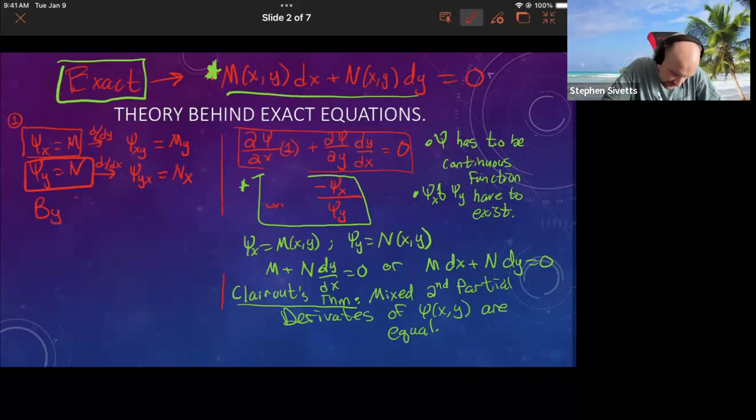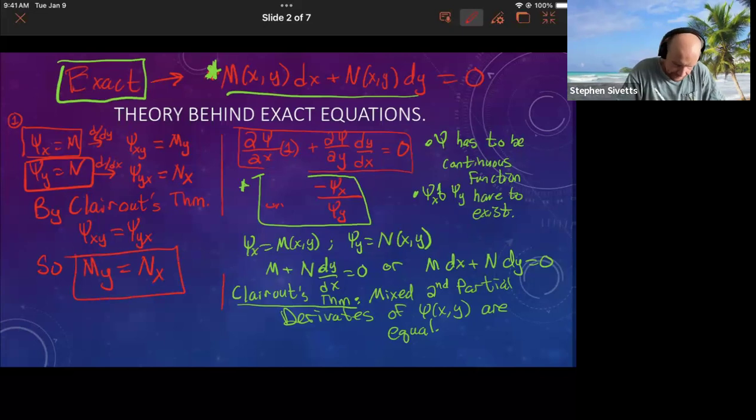Now, by Clairaut's theorem, the mixed second partial derivatives are the same. So the test to show a first order differential equation is exact is that the partial of M with respect to y has to equal the partial of N with respect to x. This is the test for what is called an exact differential equation. If this quantity is not true, then it's not exact.